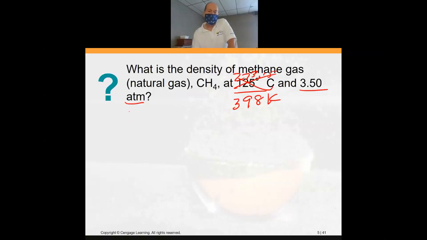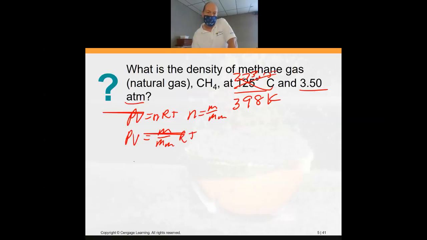All right, so again, if we go PV is equal to nRT, and I know that my moles is my mass divided by my molar mass. So PV is equal to mass over molar mass, RT. I need to get my mass over my volume. I need my density. And so I have my molar mass times my pressure divided by RT is equal to the mass over the volume.